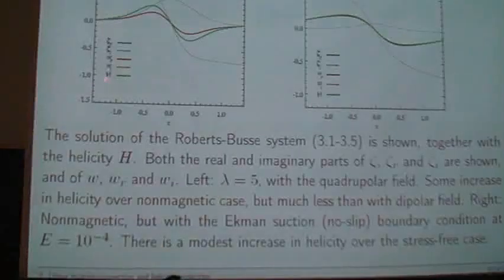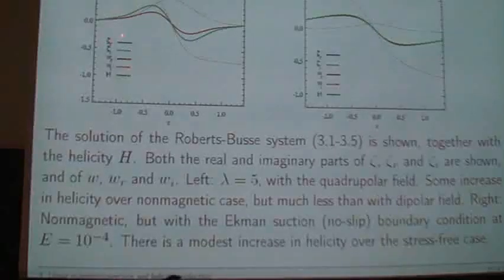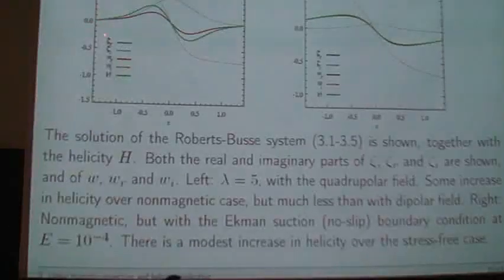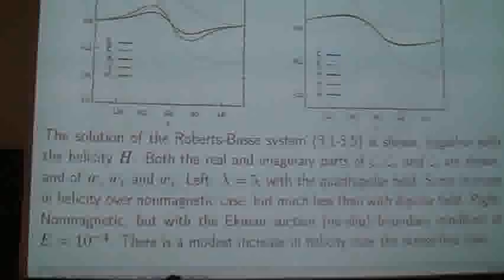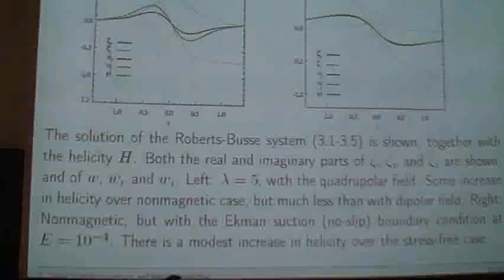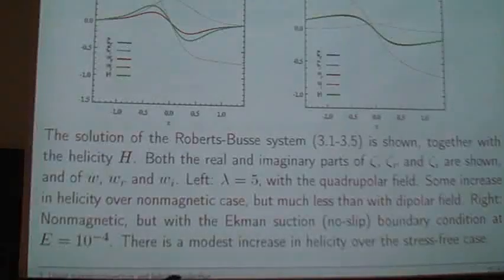The quadrupolar field is here, and the quadrupolar field is sort of intermediate to the dipolar. It's nothing like the huge helicity that we got from the dipolar field, but it's somewhat bigger than it was if you got no magnetic field at all. So a quadrupolar field certainly helps the helicity, but not very much. And this one over here is where you got Ekman suction.